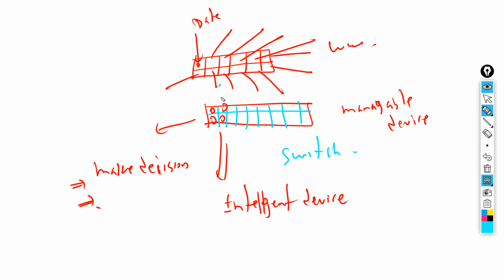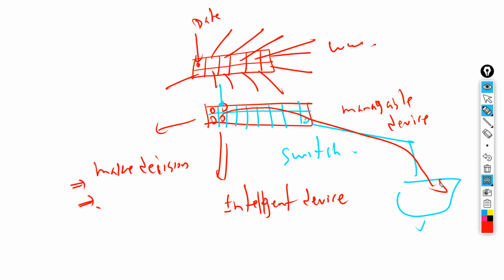When particular data comes, it knows that this data belongs only to the computer attached to this port. The switch never propagates to all. The switch will only send to this machine.